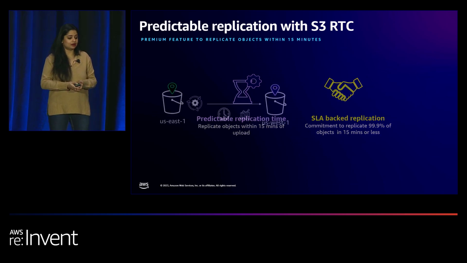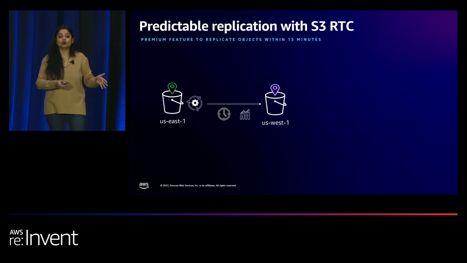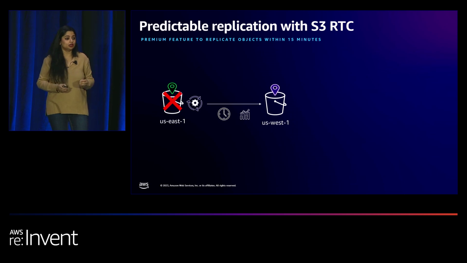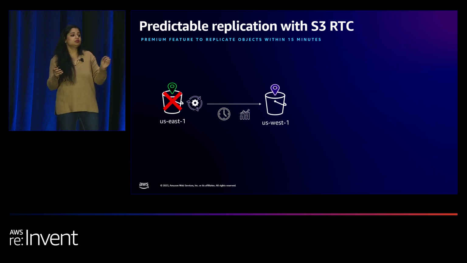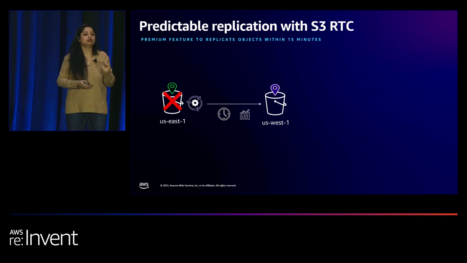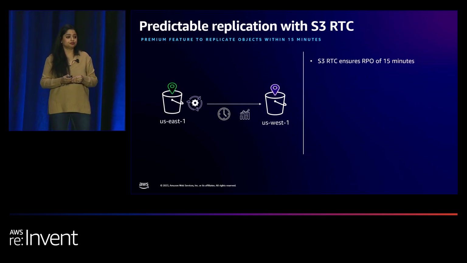This means that going back to our replication rule, which now has S3 RTC enabled, if for any reason we cannot access our data in the US East 1 bucket, in our primary bucket, at any point of time, our destination bucket, the backup data, will be maximum 15 minutes behind the primary, thus ensuring the shorter RPO.